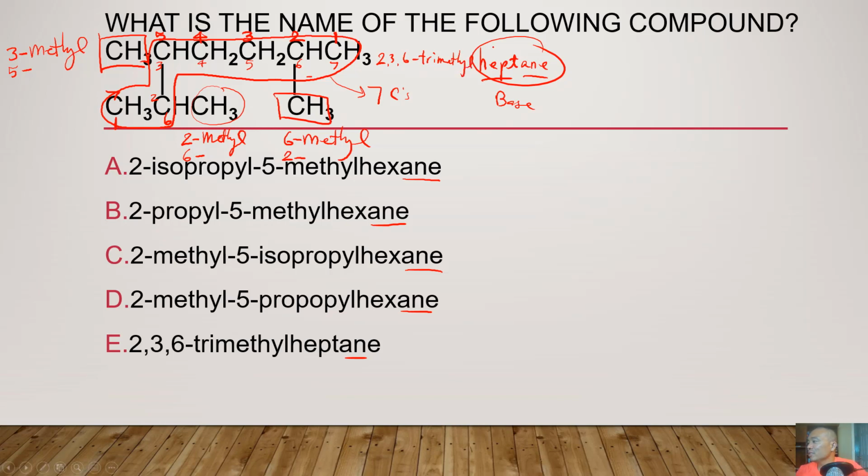Then the other one, if you follow the carbon numbering from the top, 1, 2, 3, 4, 5, 6 over here, you would have 2 and 3 and 5 and 6 actually. So the other name would be 2,5,6-trimethyl heptane.